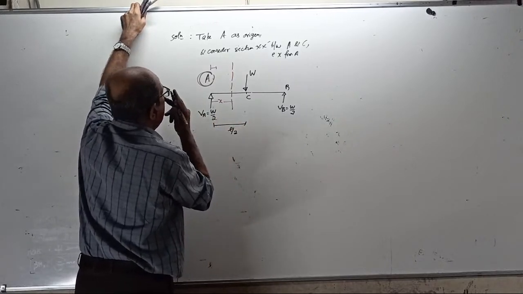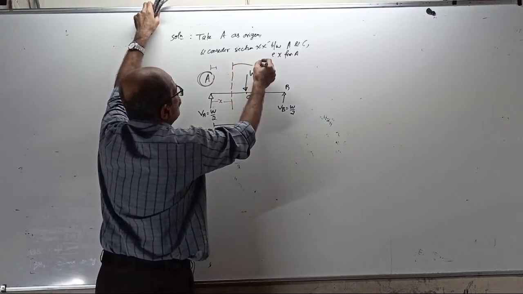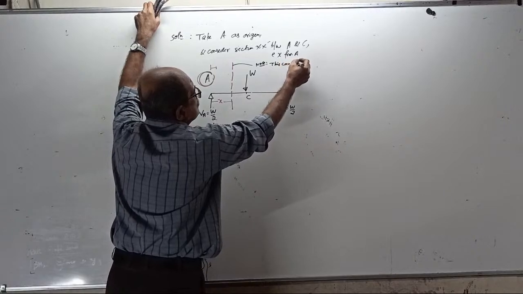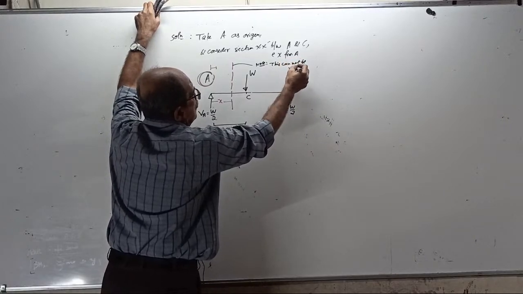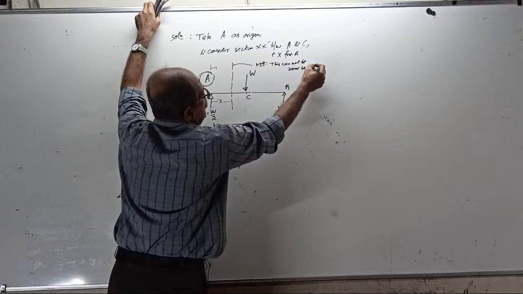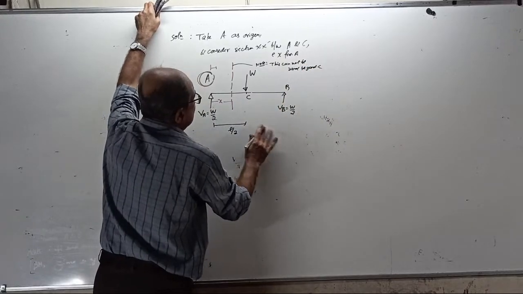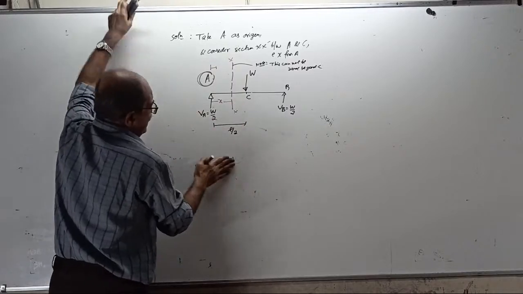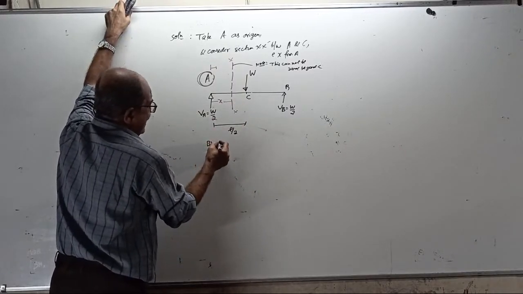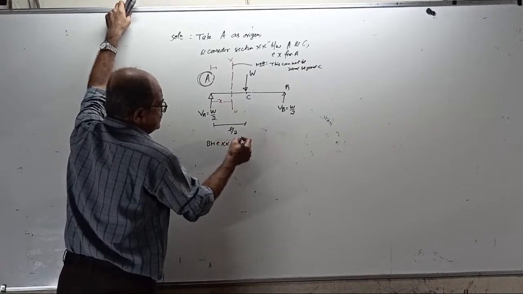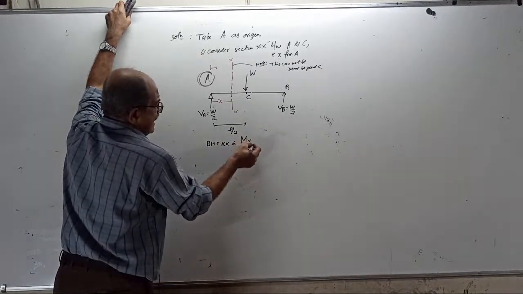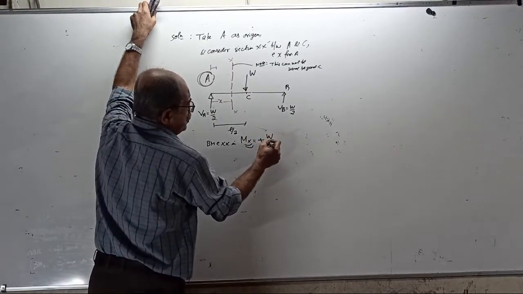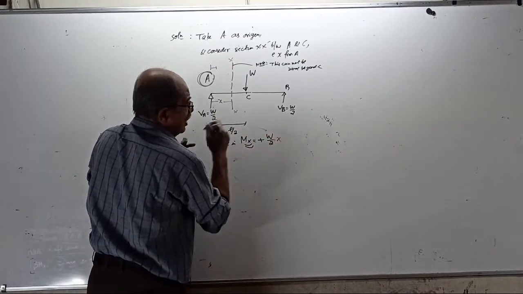Remember now, make a note. This cannot be used beyond C. Bending moment at XX, that is MX, sagging positive, equal to plus W by 2 into X. That's all.